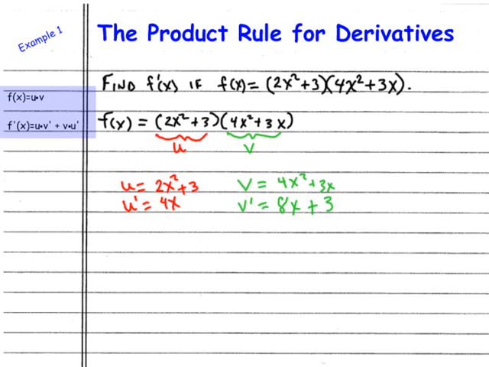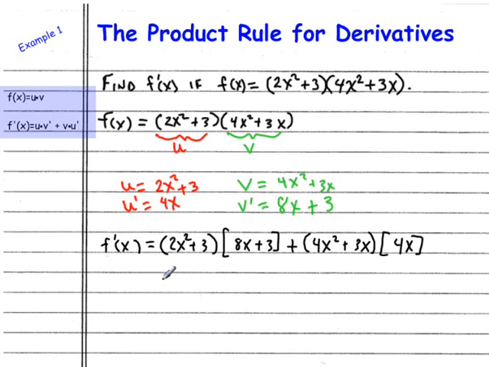Once we've identified u and v and determined the derivatives of u and v, then we simply place those into the product rule formula. So as you see here, we have u in this place and v prime here, and then we have, of course, v in this spot and u prime here.